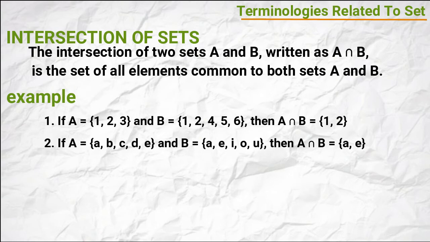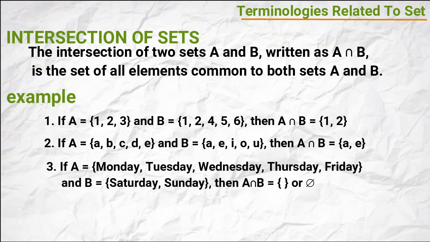Number 2, if A is equal to {a, b, c, d, e}, and B is equal to {a, e, i, o, u}, then A intersection B is equal to {a, e}.